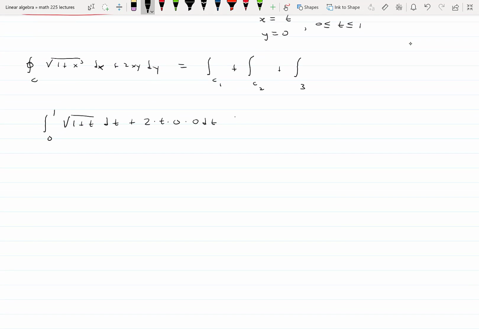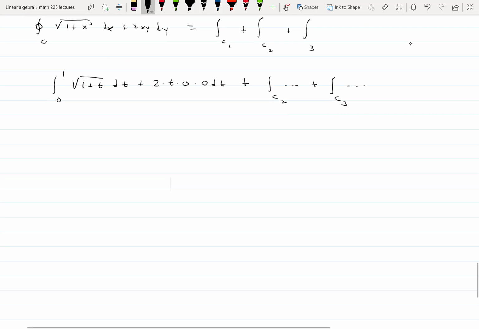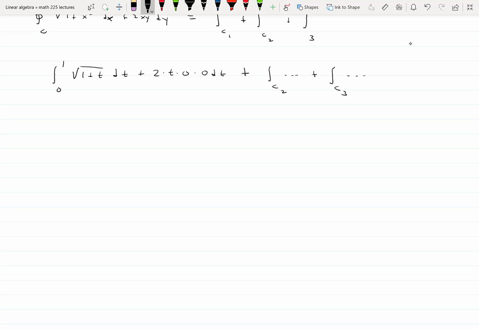Plus the integral along C2 and the integral along C3, and I'll show you why I'm not even going to bother with them. And I realized when I wrote this integral I forgot to cube t. So look back at the integral from 0 to 1. It's 1 plus t cubed.